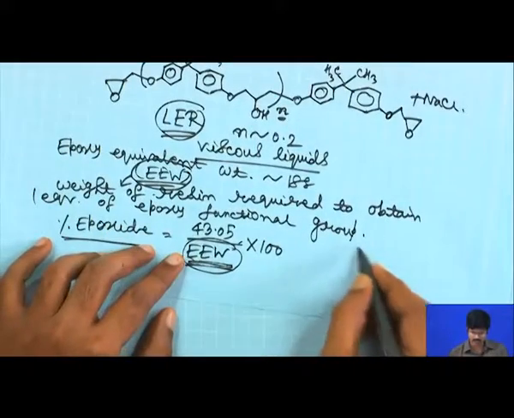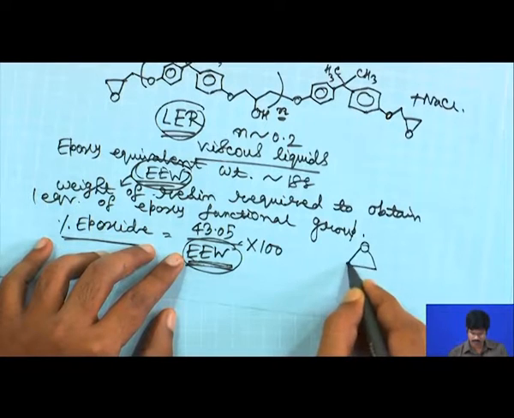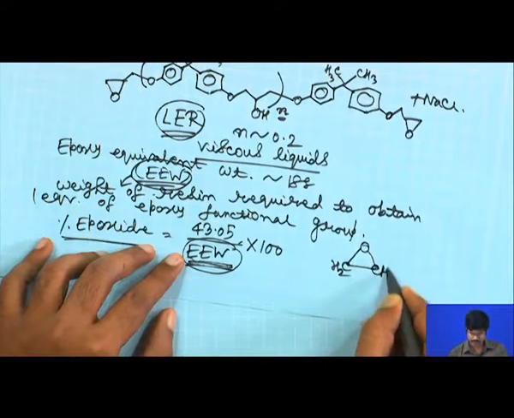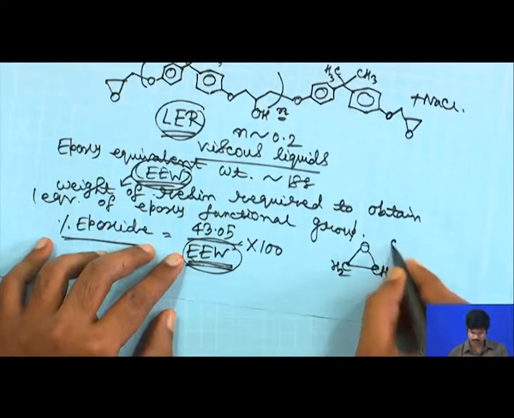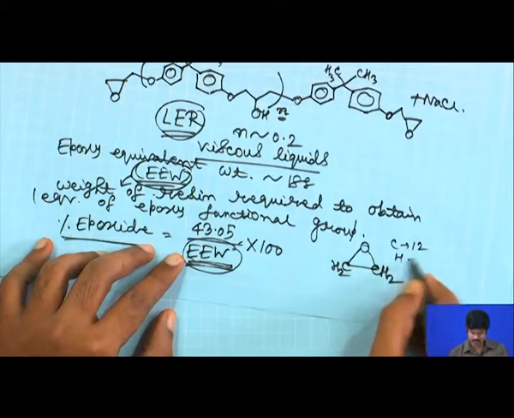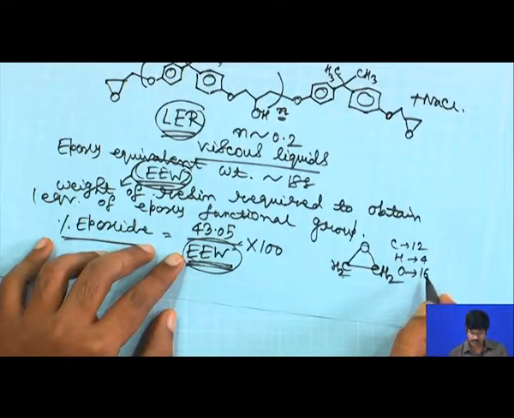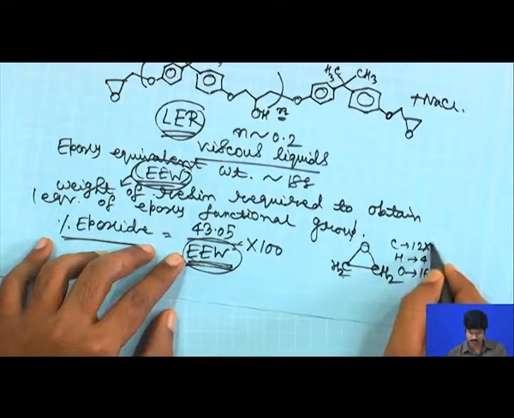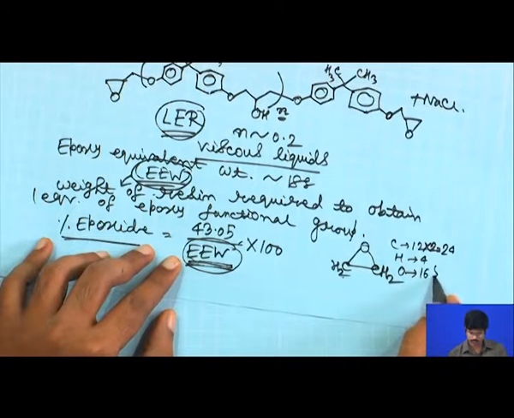And what is 43.05? If you just take the epoxide here, carbon is 12, hydrogen is 2 plus 2, 4, oxygen is 16. So, this is 12 into 2, 24, it's close to 44.